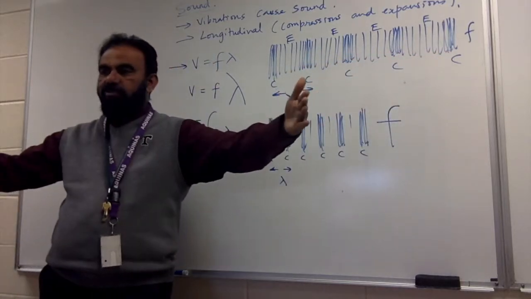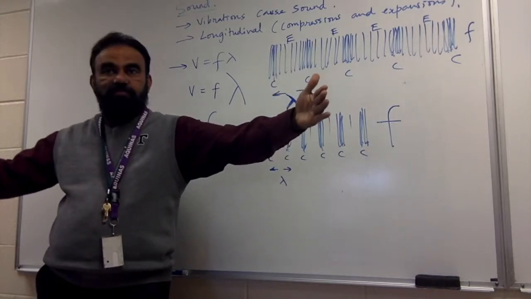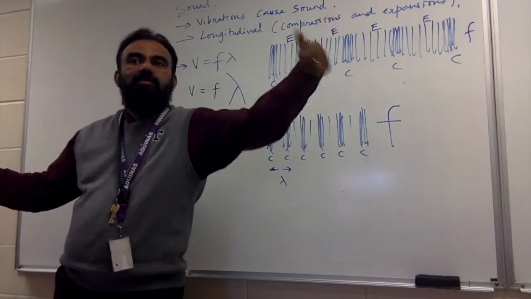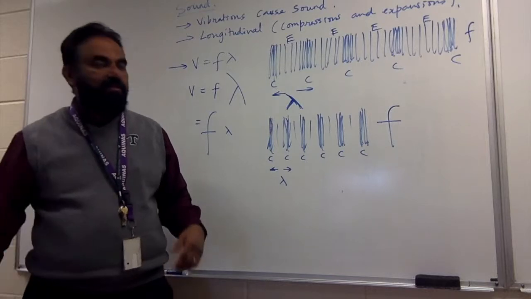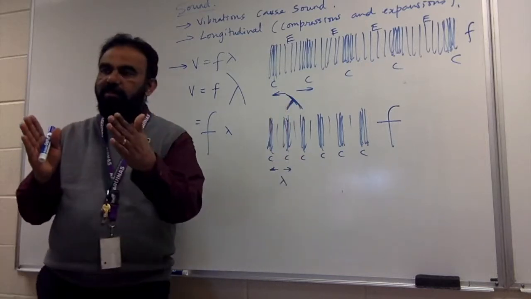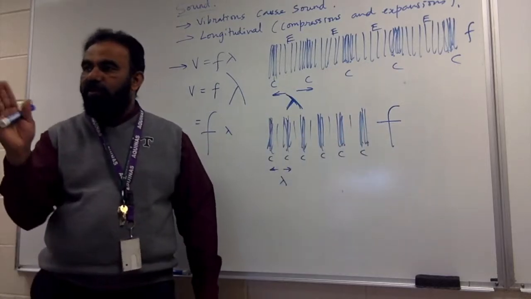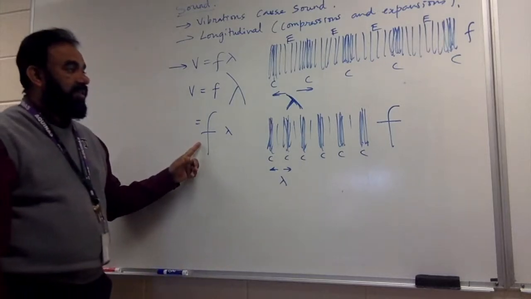When I'm talking, the wavelength is almost that much, from here to here. So if one compression is here, the next compression is there, and you're listening to those compressions through your ears. But for the lady, the compressions could be that close because the frequency is higher. So more waves are produced per unit time. That's why the frequency is higher.